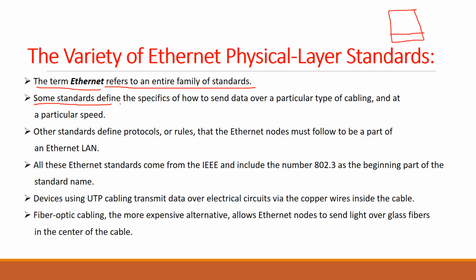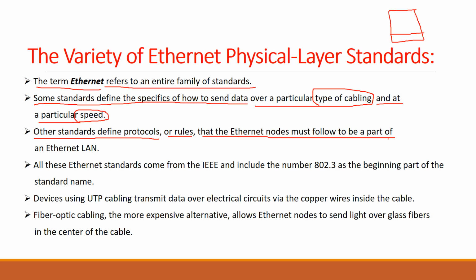Some standards define the specifics of how to send data over a particular type of cabling and at a particular speed. So it defines the type of cabling and the speed. Other standards define protocols or rules that the Ethernet nodes must follow to be a part of an Ethernet LAN.